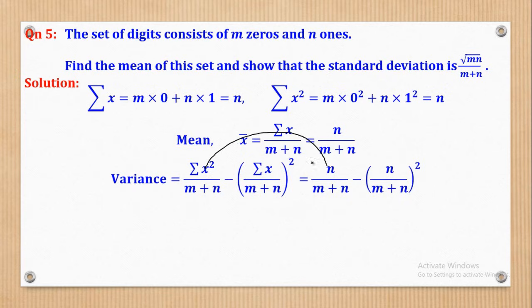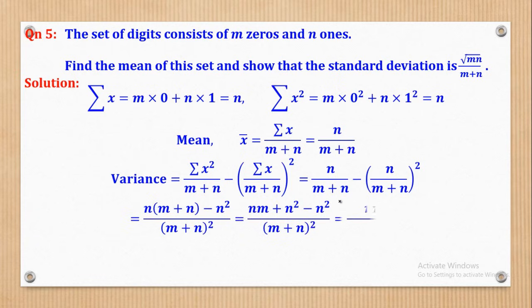Summation of x squared is n, summation of x is n. The LCM is not the same here, it is m plus n squared. Therefore, the LCM will be m plus n squared. Now m plus n squared divided by this, one m plus n cancels, remaining with m plus n multiplied by n to come up with this part.